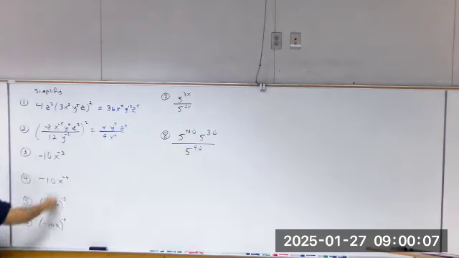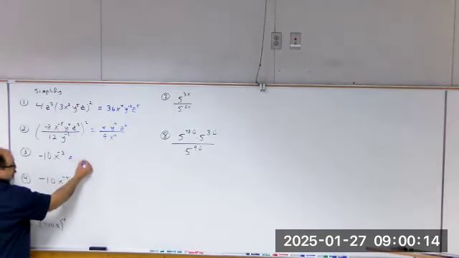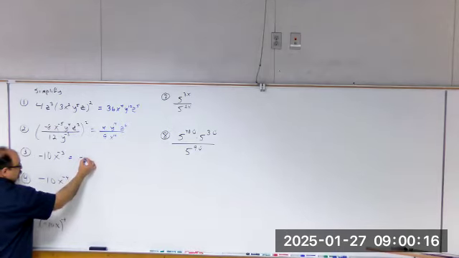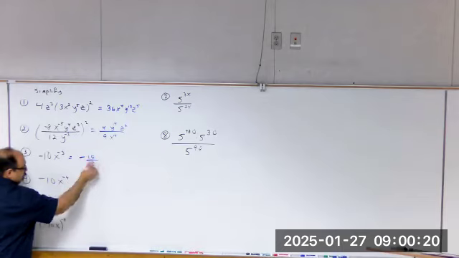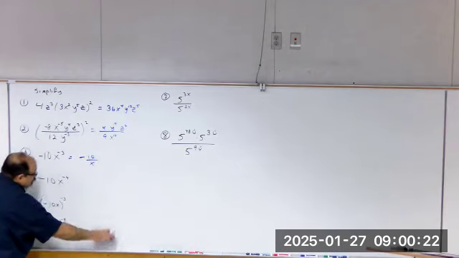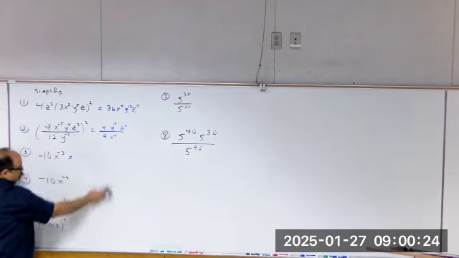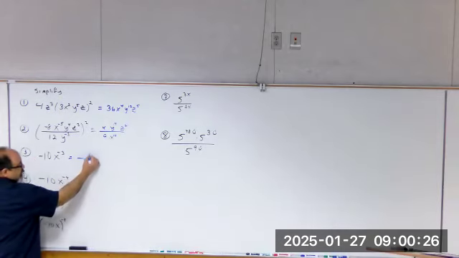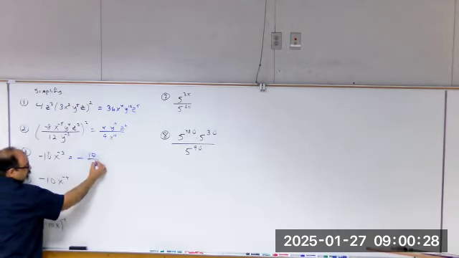As you can see, they're all very similar. But take a look at the answers. Negative 10 over x to the 3rd. That's already starting to look different. Negative 10 over x to the 3rd.